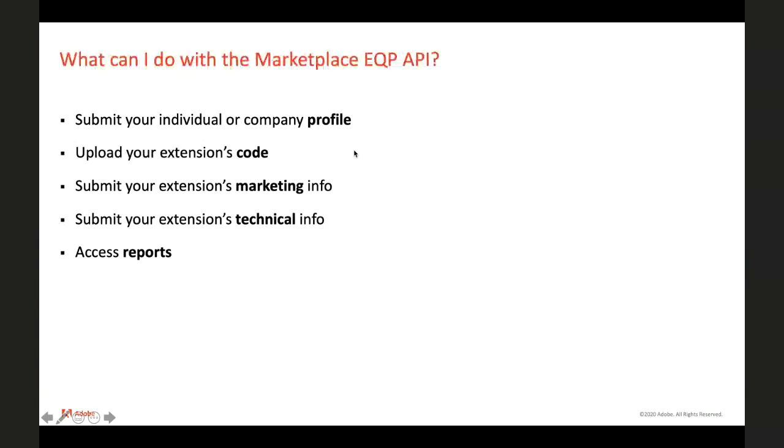Through the API, you can also upload the actual code of your extension, and we'll see how to do this in our second demo. You can supply information about marketing content, and marketing content involves things such as your pricing, descriptions, guides, any pictures or icons that you want to use to visually represent your extension.